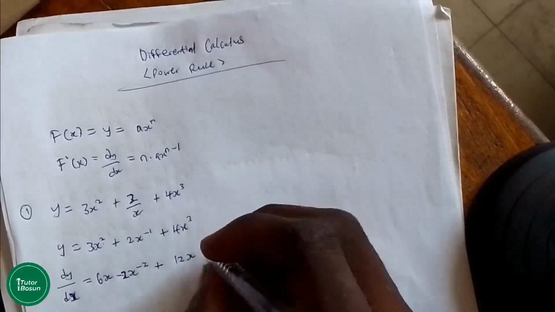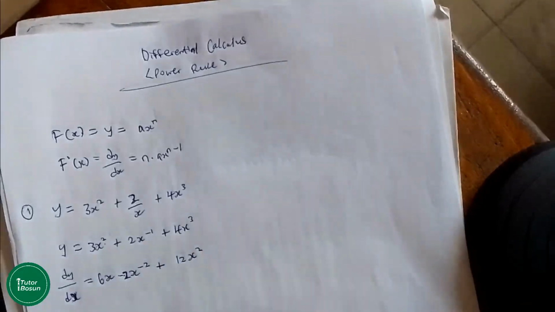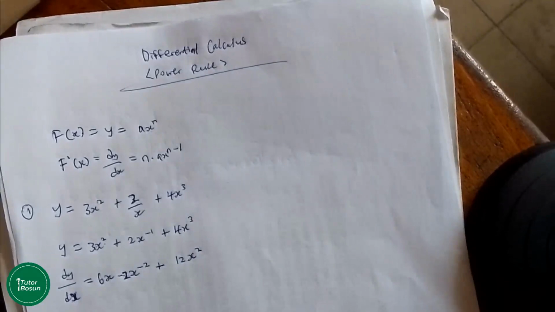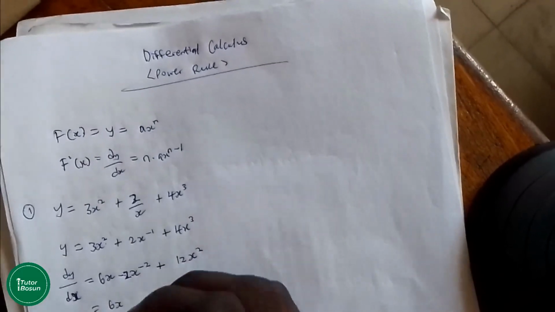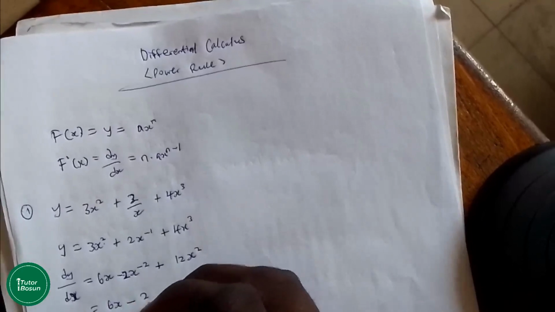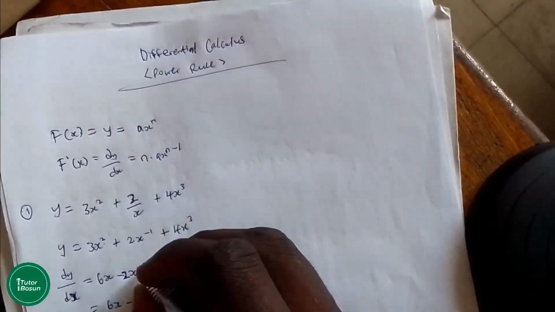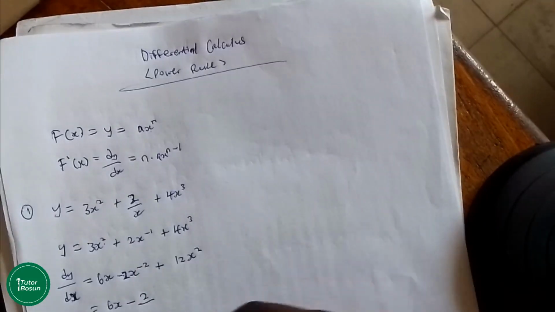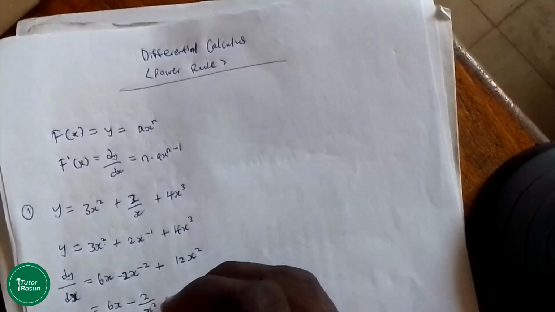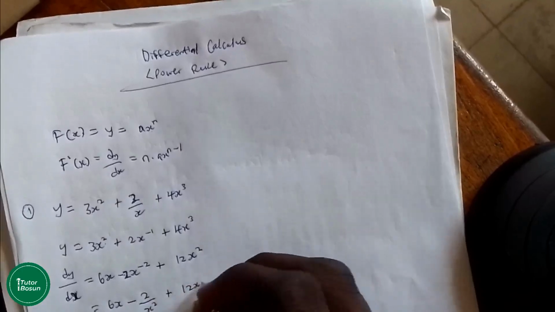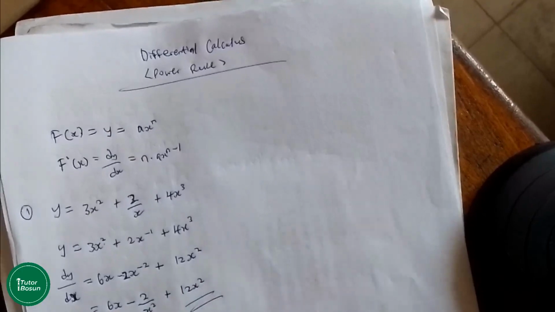You subtract 1 from 3, you are left with 2. Then it can be finally written as 6x minus 2 over, if this x returns back to the denominator, x squared, plus 12x squared, and that's the final answer to that.